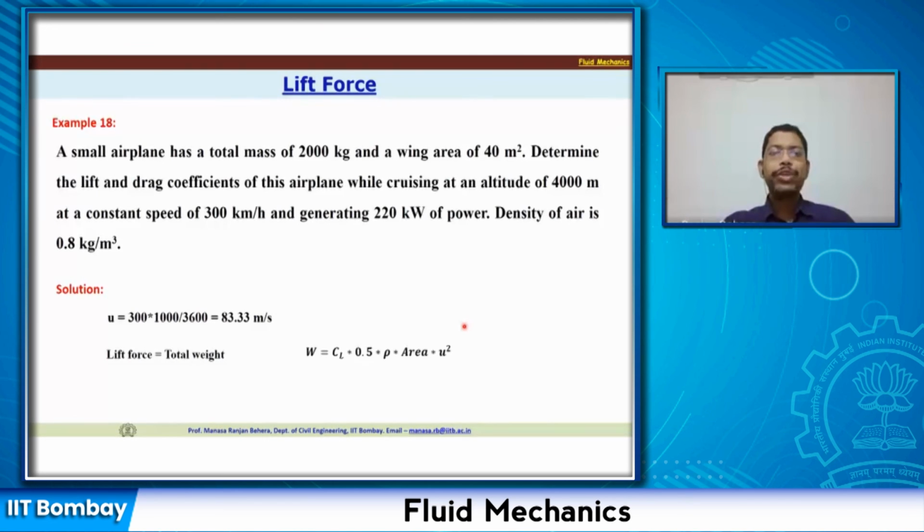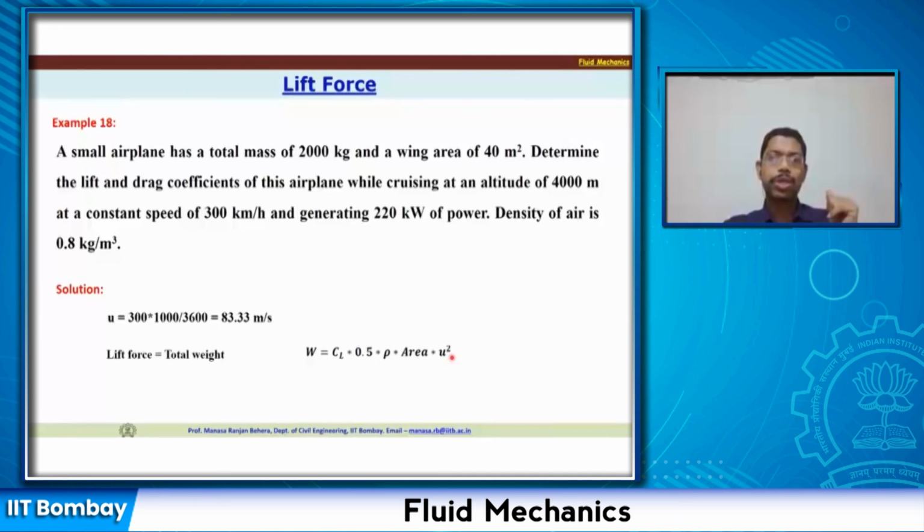Now if we write it down, the weight, or lift force, is equal to CL half rho A u square. That's the formula we have already seen. In this case, the lift force is represented by W, the weight, and rho is the density of the fluid, in this problem air, A is the area on which the force is acting, and u square is the velocity which we have already calculated.